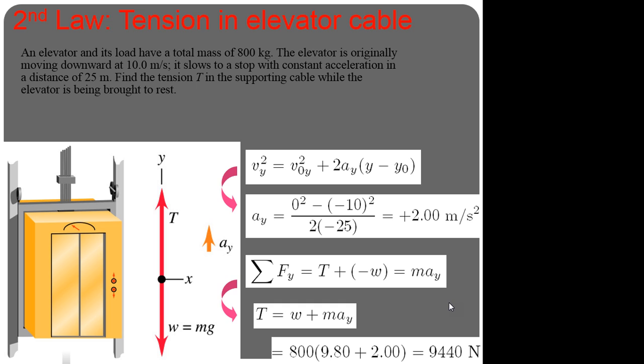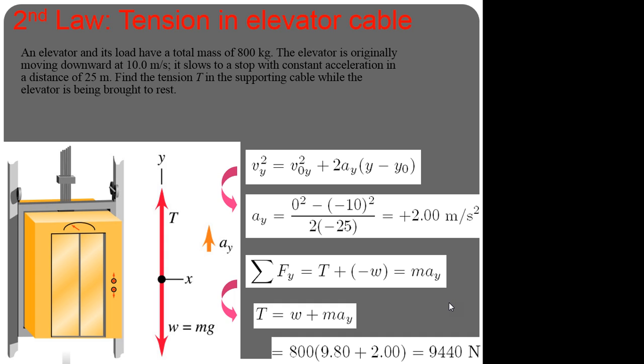So when the lift is stationary, the tension in the cable will be less than when the lift is accelerating upwards. Be it coming down and then slowing down, or at a rest and starting to move up. Both cases have upward acceleration, and in those cases the tension in the cable is larger than the weight.